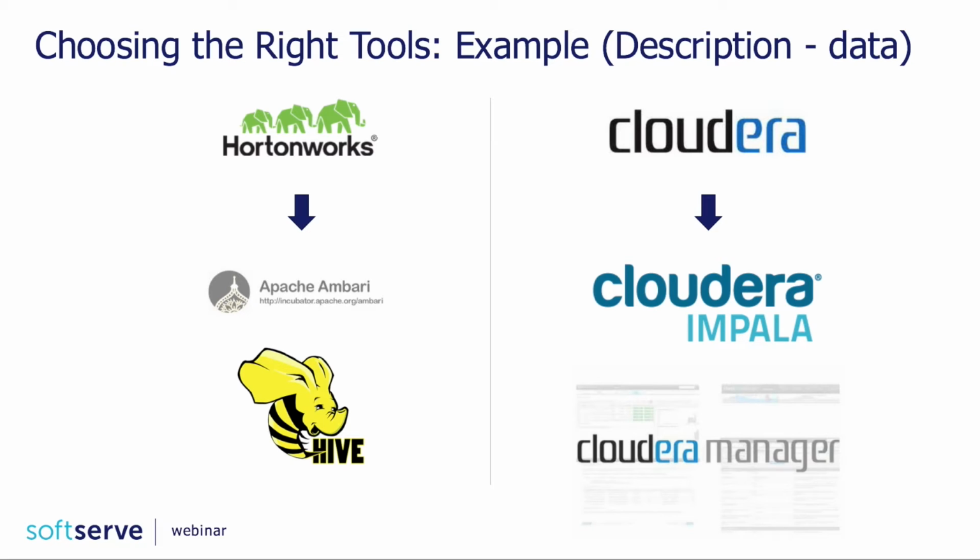And the decision was made probably a couple of years ago, so this is a project from the days when Apache Ambari wasn't as good as it is now, and Cloudera Manager was much better. So this was a plus for Cloudera. The second very important thing was data retrieval for specific rows, the row-level retrieval, and Cloudera Impala at that point provided much better performance than Hive. So the decision was made to use Cloudera based on these principles.